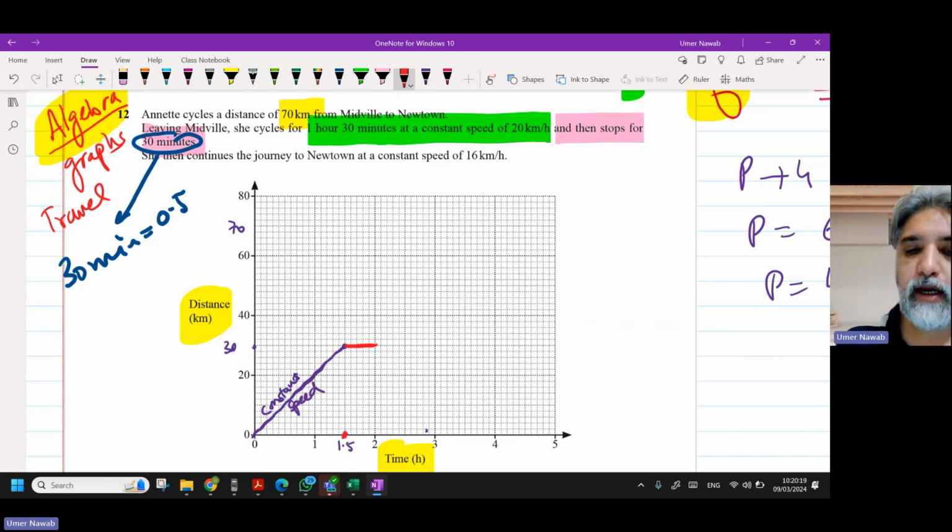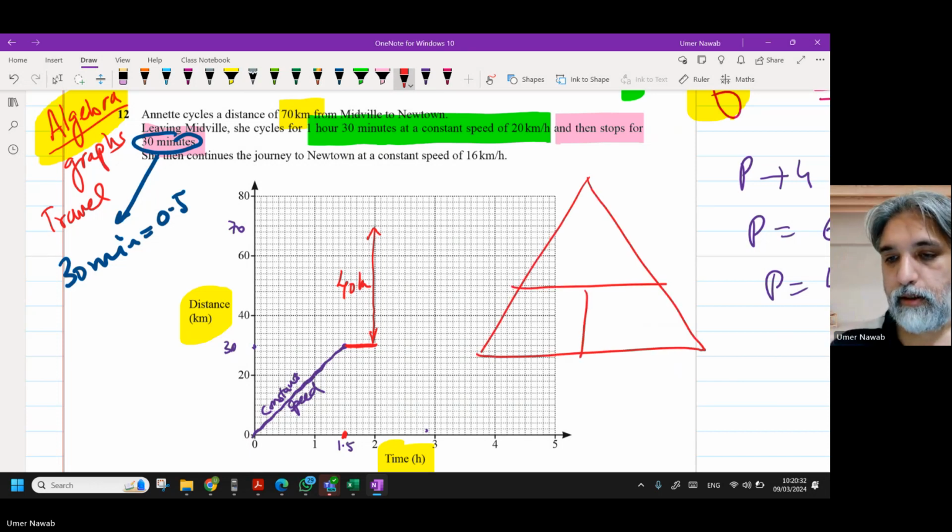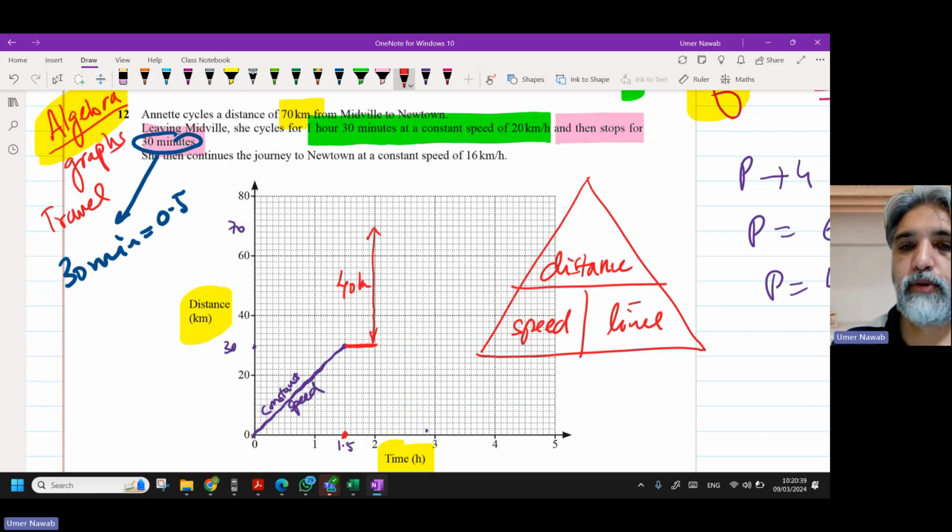So guys, you can see now how many kilometers away from Newtown she is? 40 kilometers away. So you know the distance. Again, a triangle: distance, speed, and time. I know the distance, which is 70 kilometers. I know the speed, which is 16 kilometers per hour.